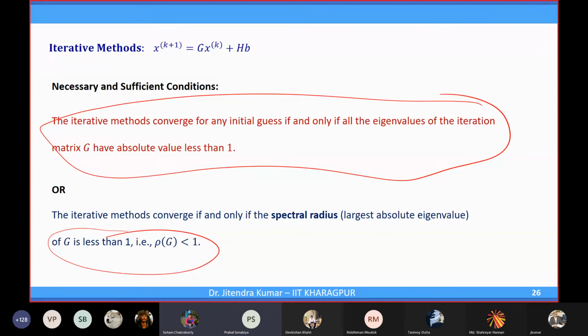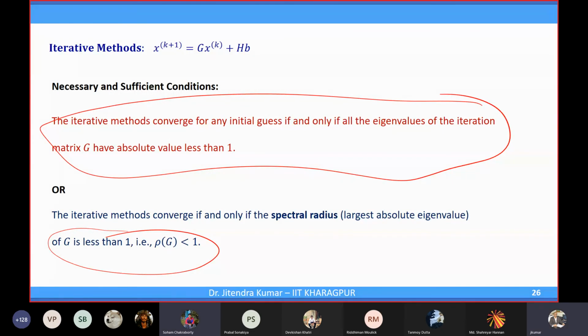So how did we get this name? Why spectral, why radius? Why is this called spectral radius?